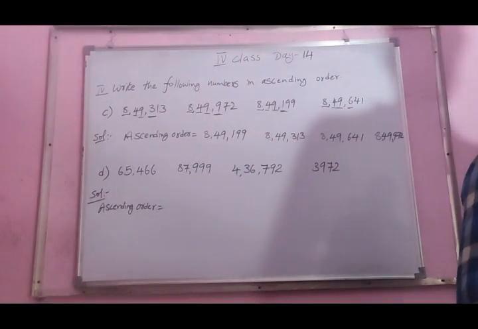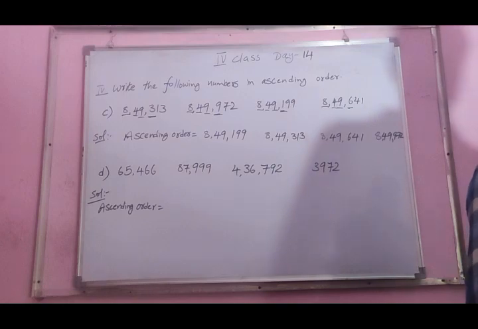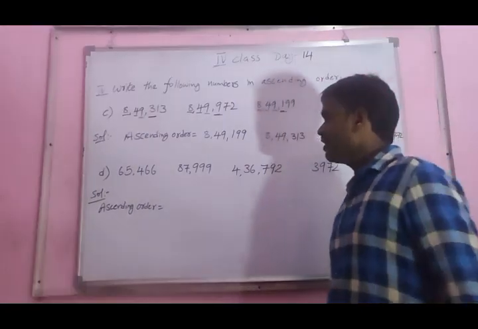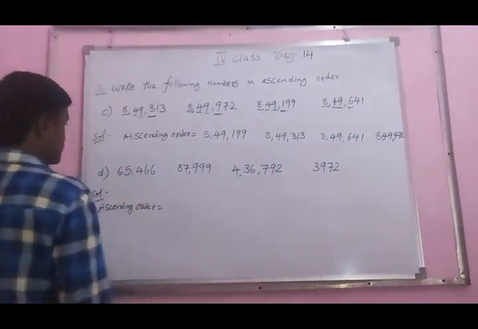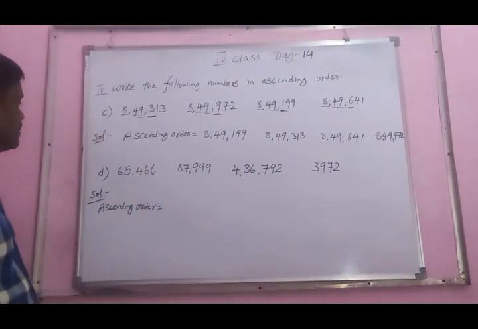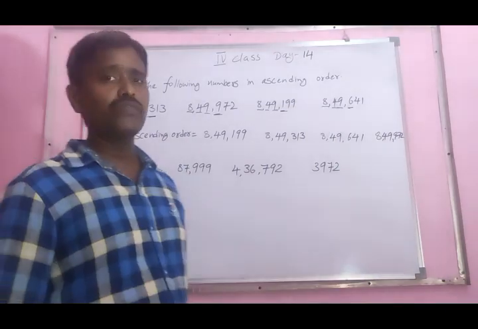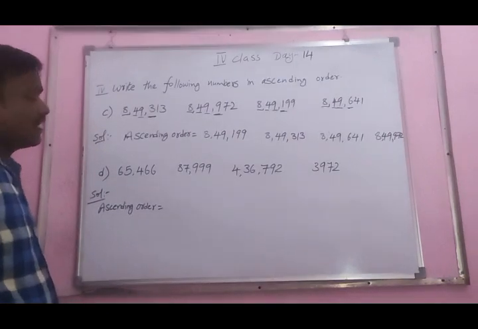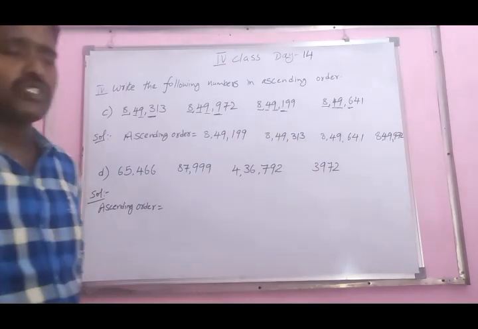Next one is D. Listen carefully, all of you. Here they are asking in ascending order. Ascending order means small number to big number. We know that. First of all, which is the small number we don't know.